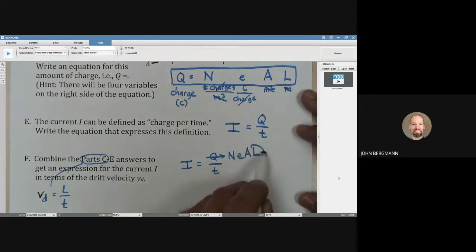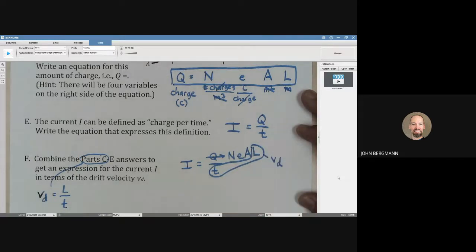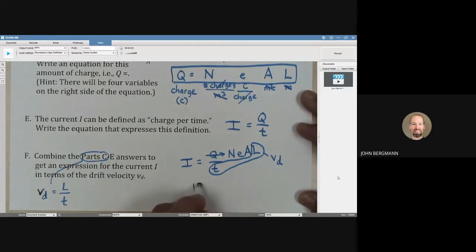There's L in the numerator and t in the denominator. That's the drift velocity right there. So I think we got n times e times A times v d. The way I usually write that is in this order, though of course it doesn't matter what the order is, but that's easy for me to remember.